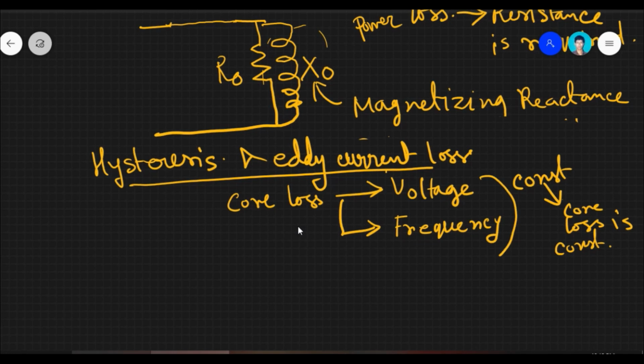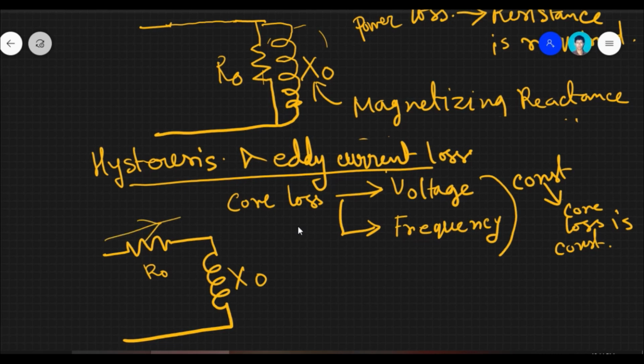So we must understand, if we connect something in series, say R naught in series, then what will happen? You have X naught here, you have R naught. Now suppose you place it in series and then there is a change in series current, like when some more current flows through that inductor. Obviously, if you connect it in series, this hysteresis and eddy current loss, that core loss, will start varying with load.